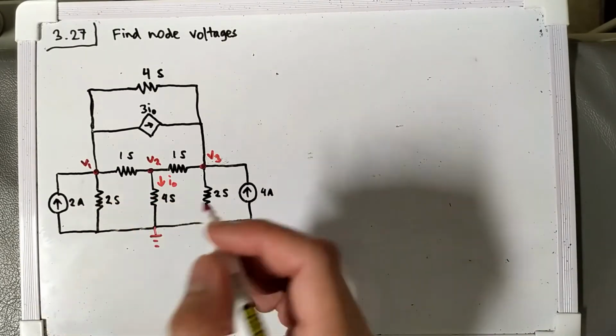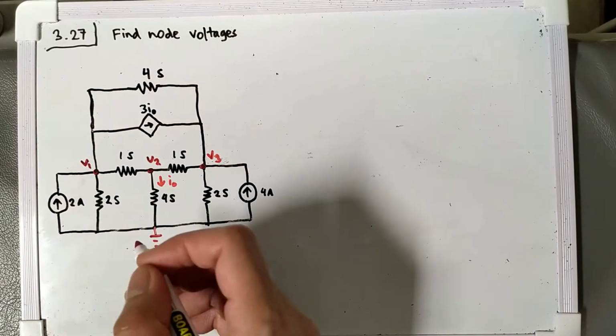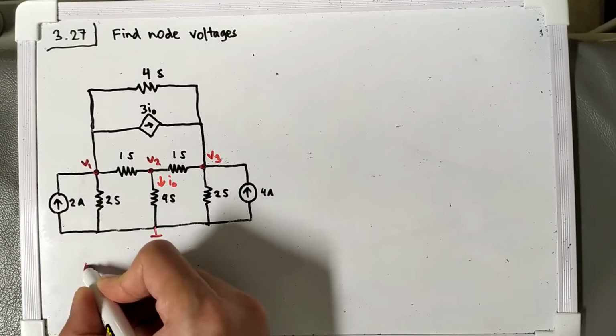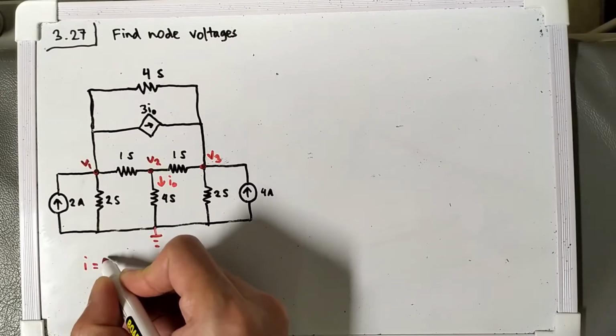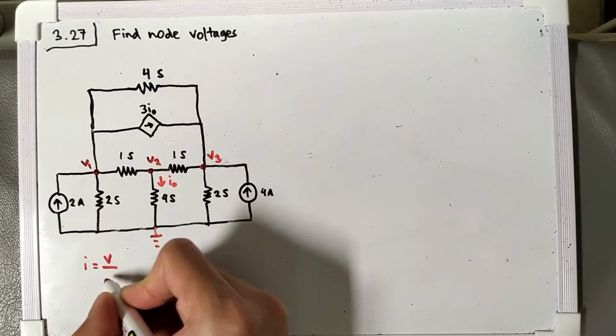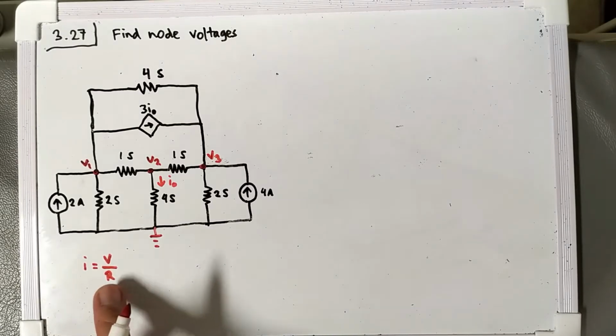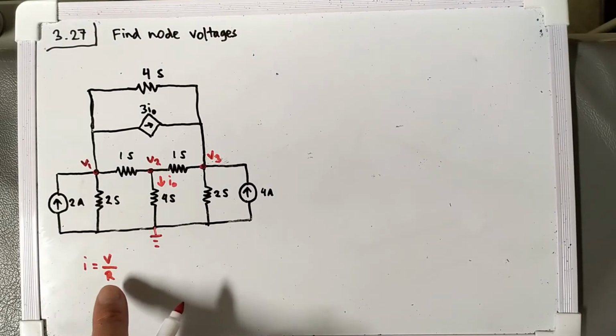So I think we need to change how we view the circuit. Usually with Ohm's law, we know that I is equal to V divided by R, but this is not the case here because our R is the inverse.